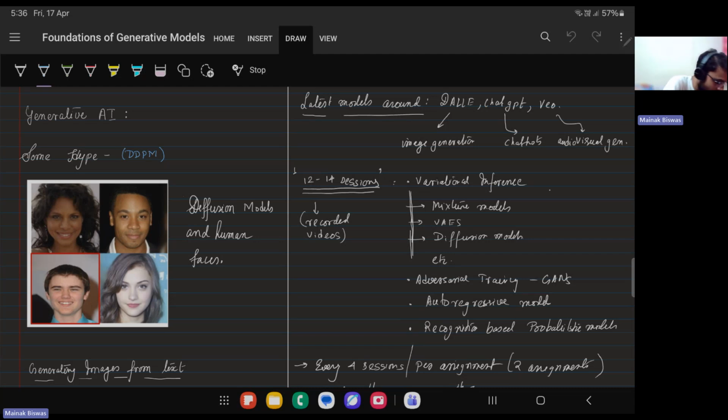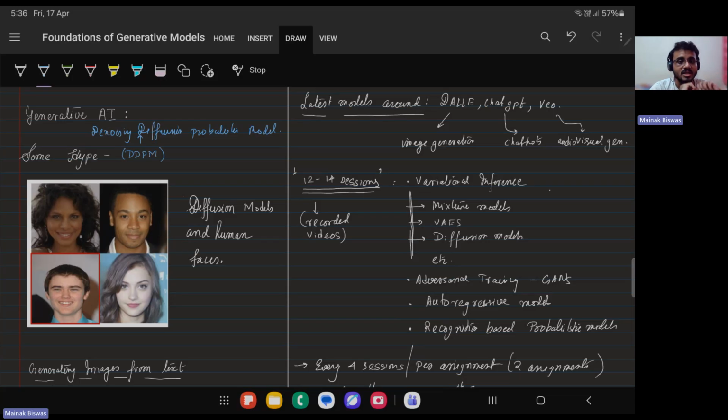We'll discuss this model. So this is a diffusion model, and we'll talk about them.